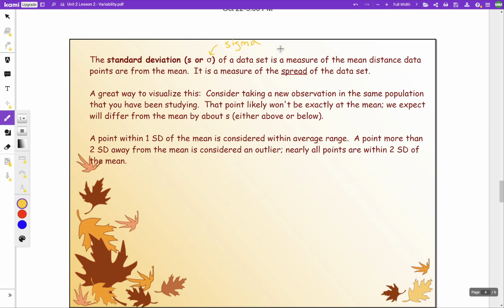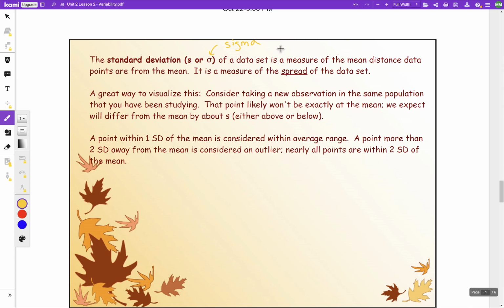Because when you take observations from a data set, the observations aren't always at average, right? So the test scores aren't always 73. So what it refers to is how far the data points we'd expect they might vary from average. The higher the standard deviation, the more the points could vary around average.